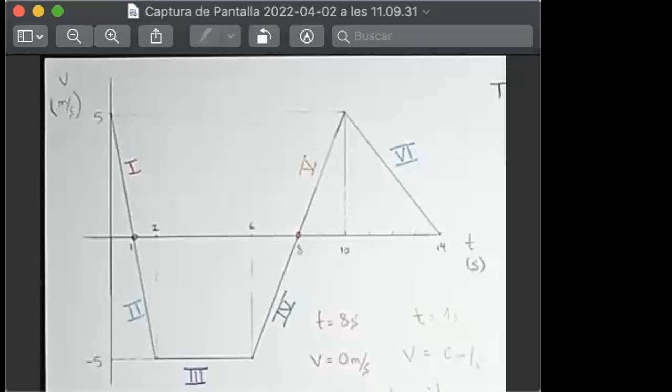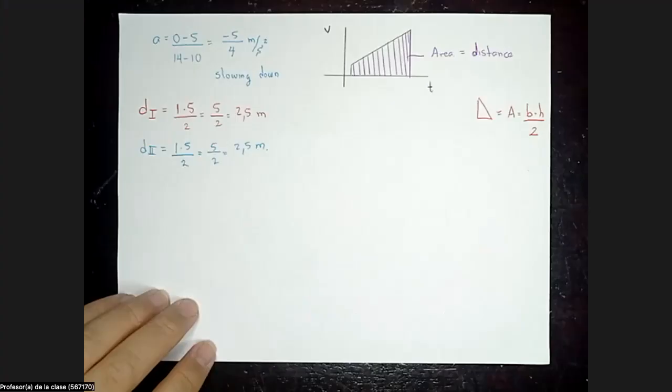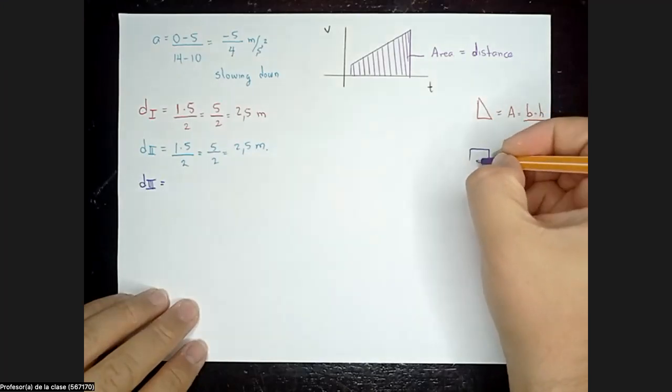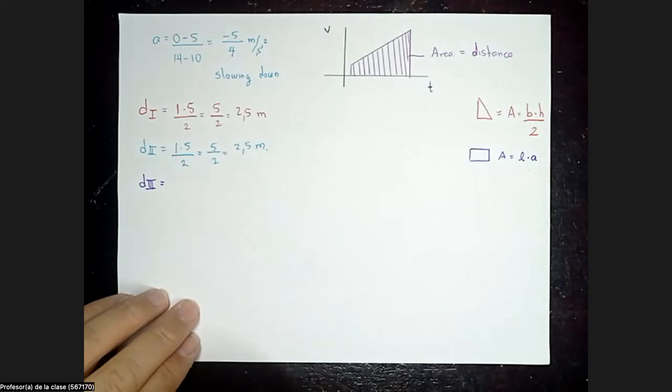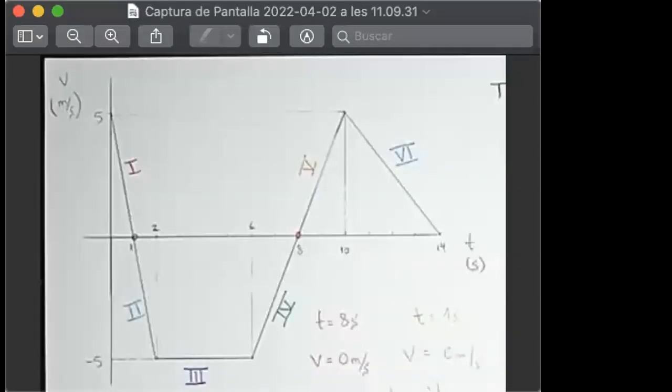Now on the third interval, the distance on the third interval, that's a rectangle. And for a rectangle, the area is length by the width. The length, the distance between 2 and 6, is 4.